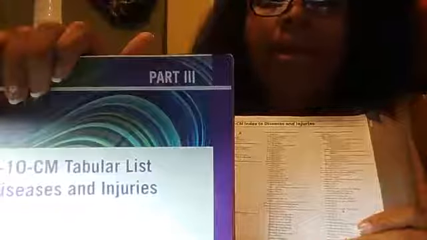I apologize. And they have volume 2 in the front. So Carol Buck's book is written the same way AMA has it. They have volume 2 in the front, and they have volume 1 in the back. There you go. The tabular list is volume 1. The alphabetic list is volume 2.